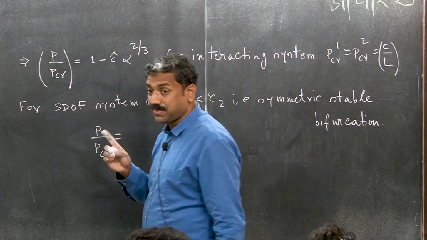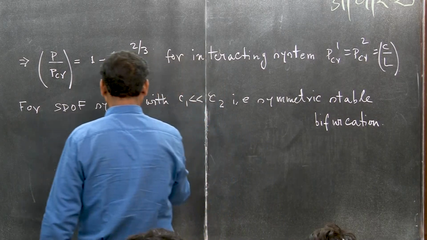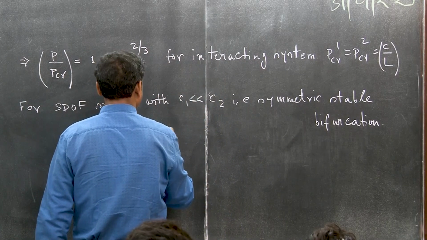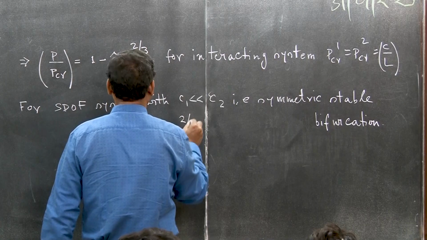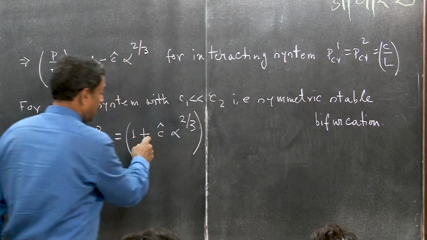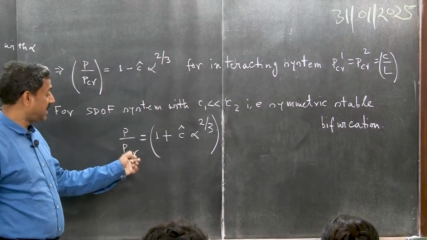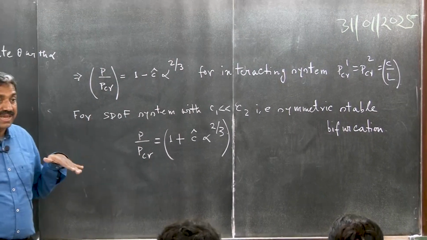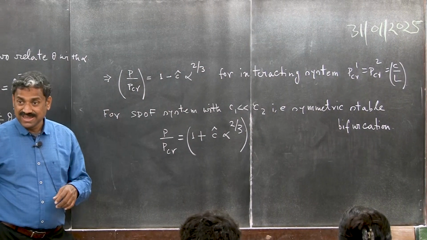For that it was not imperfection sensitive. P by PCR was 1 plus some constant alpha to the power 2 by 3, it was plus. That means the load carrying capacity increases with imperfection, right?